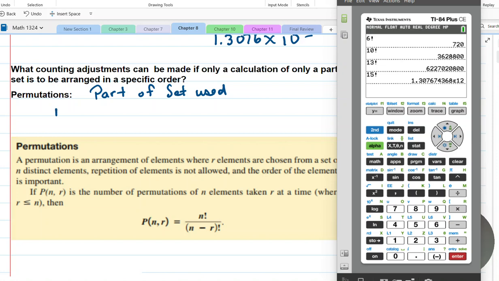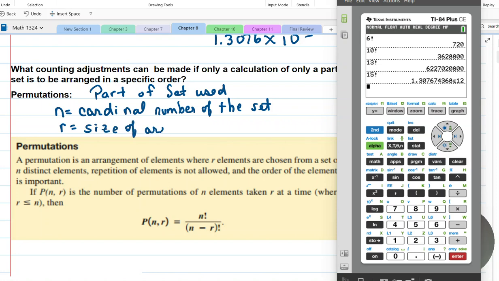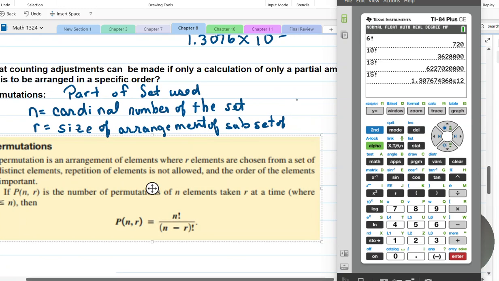It has the n, which is the cardinal number of the set, and then it's going to have r, the size of the arrangement of a subset of n.